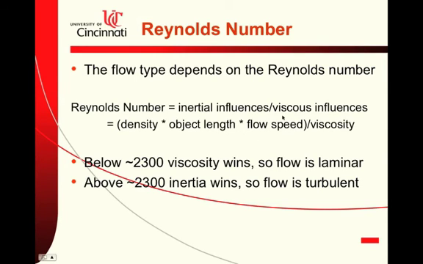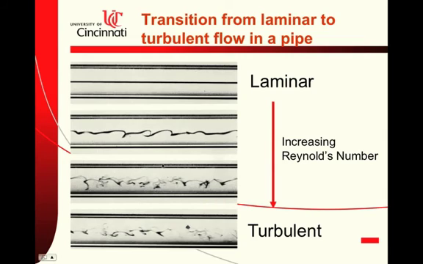So generally speaking, higher flow speed, you get turbulence. Smaller viscosity, you get turbulence. So if the Reynolds number is below 2300, then viscosity wins, and so the flow is laminar. Above 2300, the inertia wins, and so the flow becomes turbulent. So you go laminar flow as you increase the Reynolds number by increasing the velocity, you get turbulence.